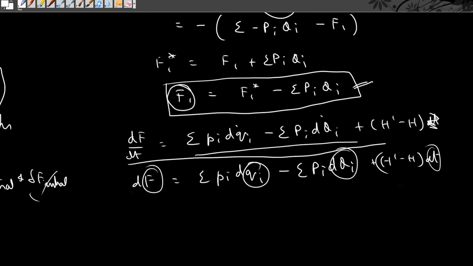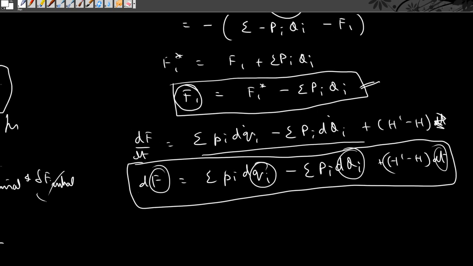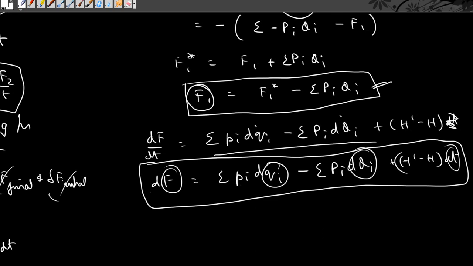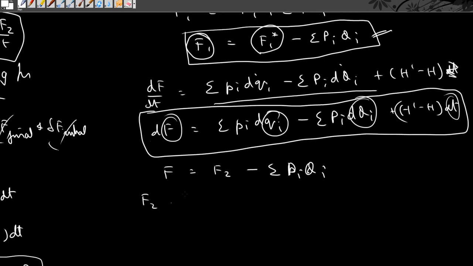Therefore we can conclude that f1 and f1 star should be the same as writing f is equal to f2 minus summation pi qi. So f2 is the Legendre transform of f1 with respect to our q's.